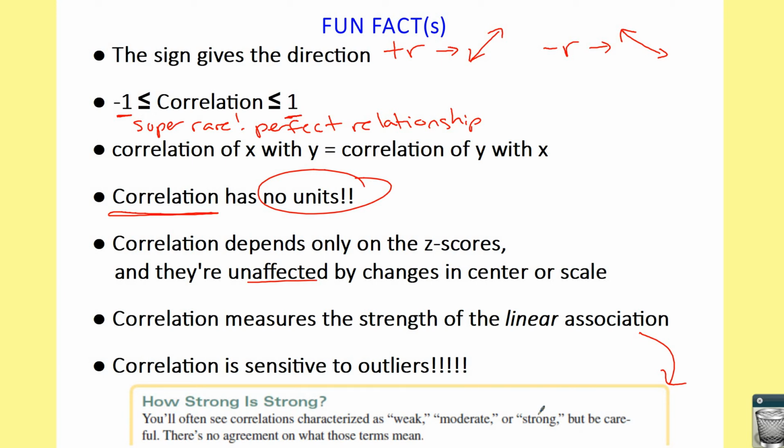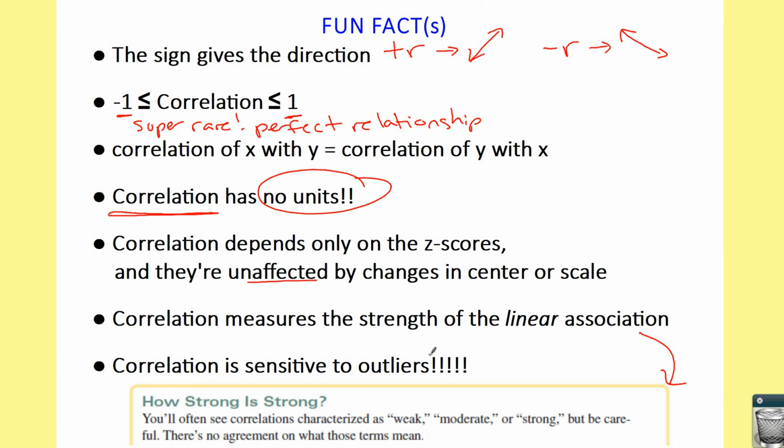Strong, I would say, is probably more than 0.75, right? Weak would be less than about 0.25. Those are rough guesses, guys, but it really depends on your data and how strong you want or need that relationship to be. It always depends on the context, okay?